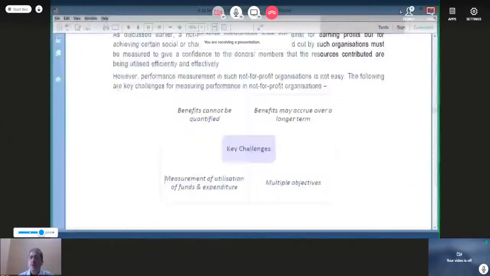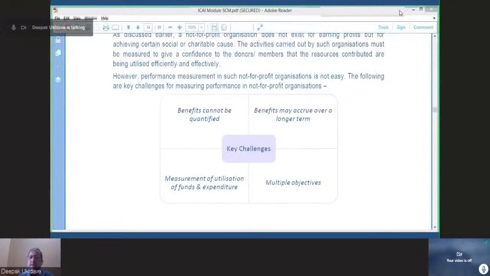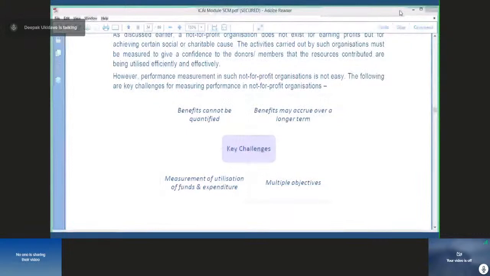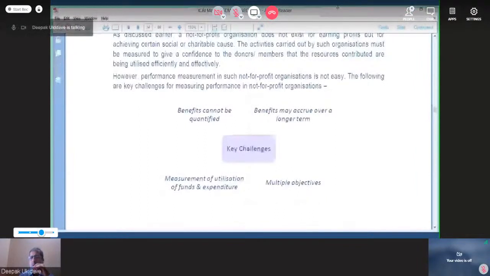Hello. Yes, you have the benefits accruing over a long period of time. That means a hospital investing in ICU, intensive care unit, for example. This investment is made, yes. Hello. Should I go to MTNL network? I don't know why there is a problem today with this fiber.